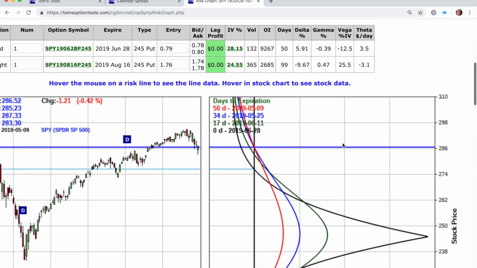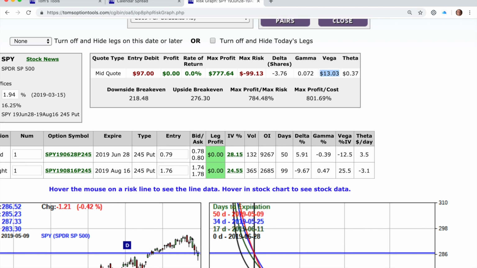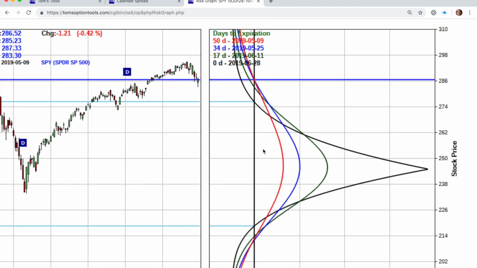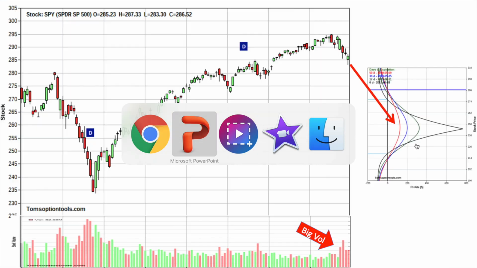And also notice that your vega is positive, which means that as the SPY drops, implied volatility, already happening, starts to spike up, and that also makes this whole risk graph move into profit. Really smart trade to use in a bearish market.